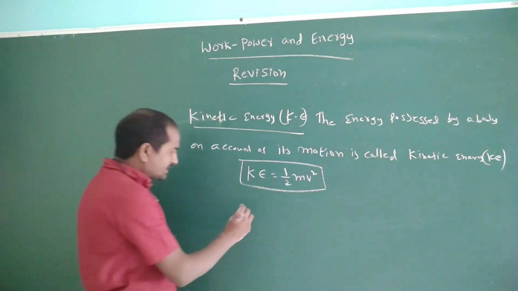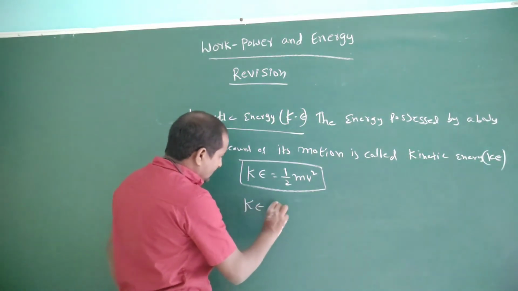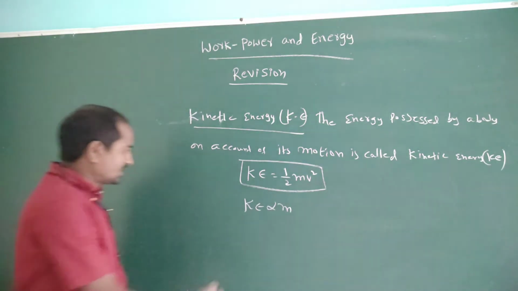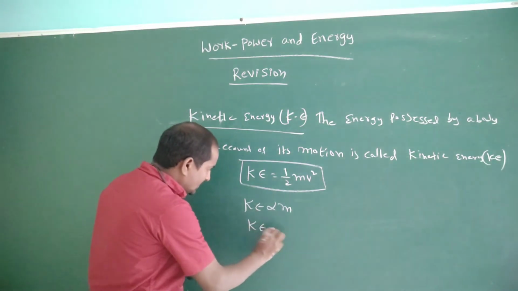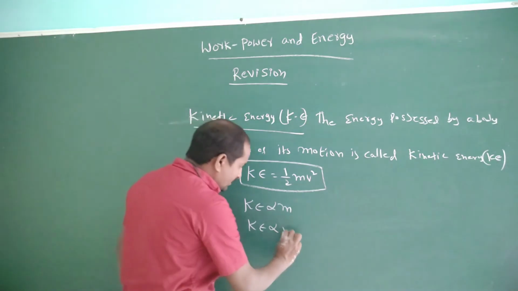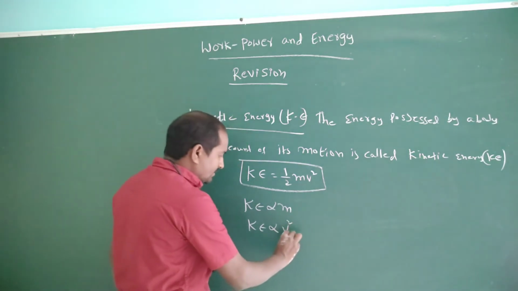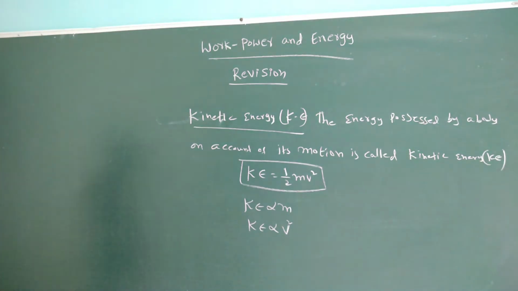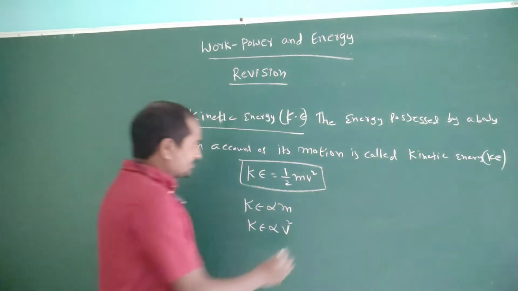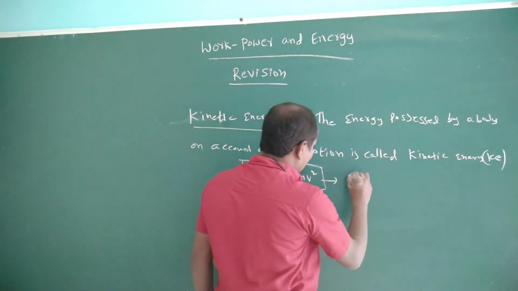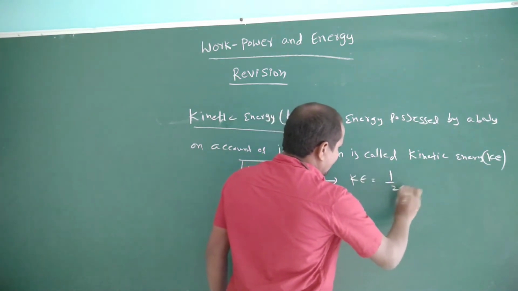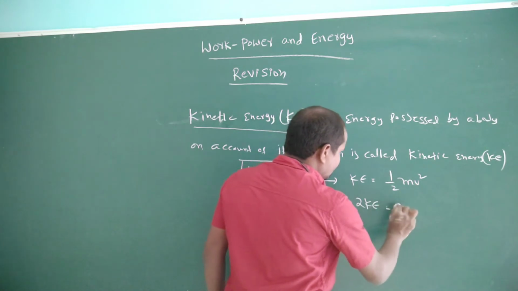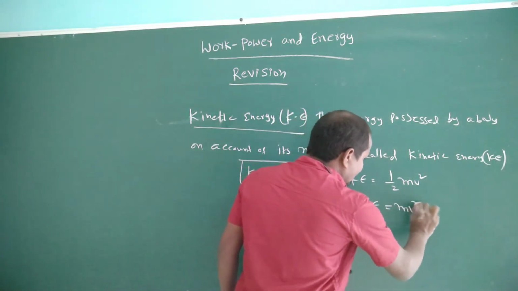From this equation, K is directly proportional to mass. Next, K is directly proportional to the square of velocity, that is, K is directly proportional to v square. From K equals half m v square, we get 2K equals m v square.